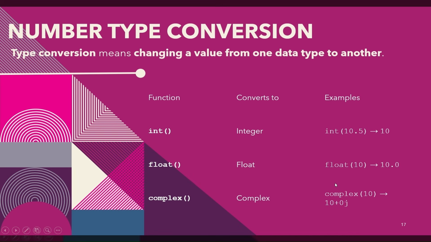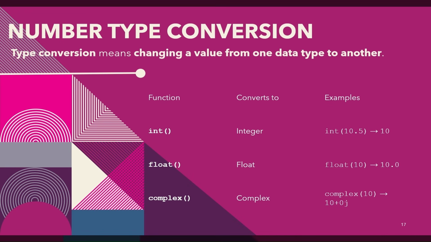Similarly, if I need to convert any value into float, I can simply write it as 10.0. As we know that 0 written after decimal does not have any value, so the original value of the number is not changed. Complex of 10 becomes 10 plus 0j, because the imaginary part is 0, we can write plus 0j.